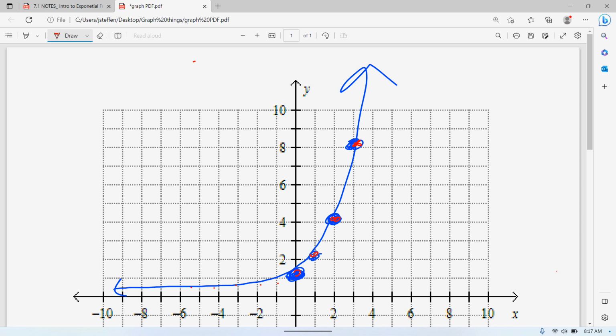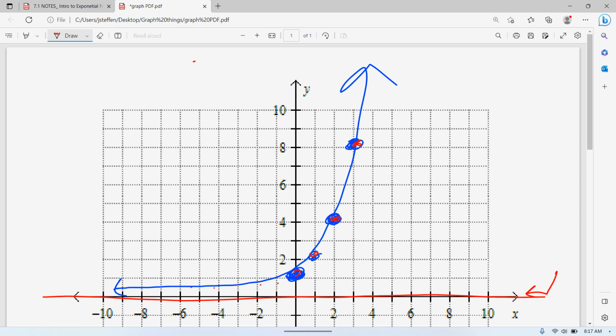So this line down here at 0, we're going to move it up and down later, but it's called an asymptote. I call that the can't-cross line. What you do, don't cross that line. Now, again, we'll move that line sometimes, and we'll talk about that in a second.